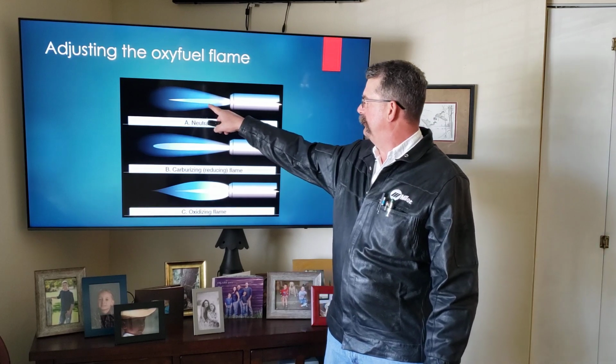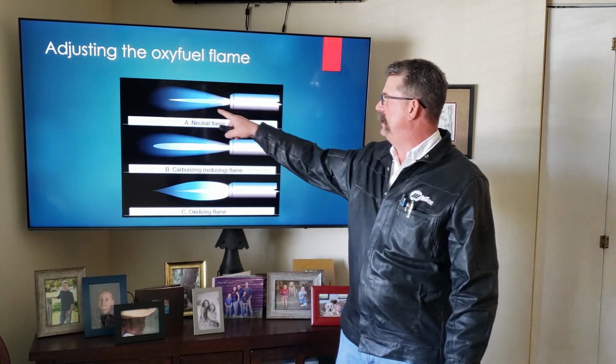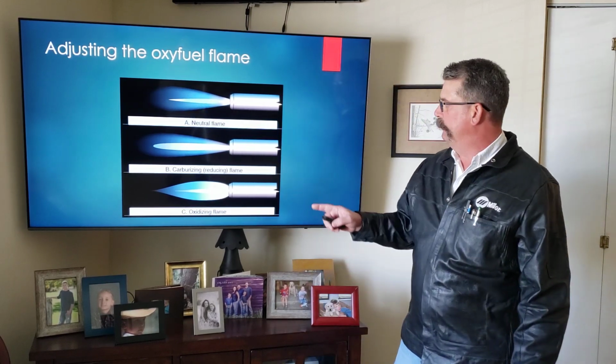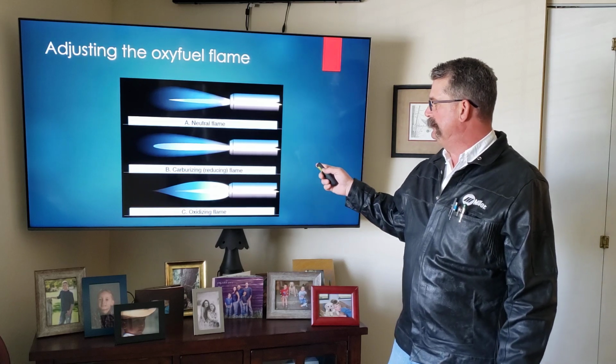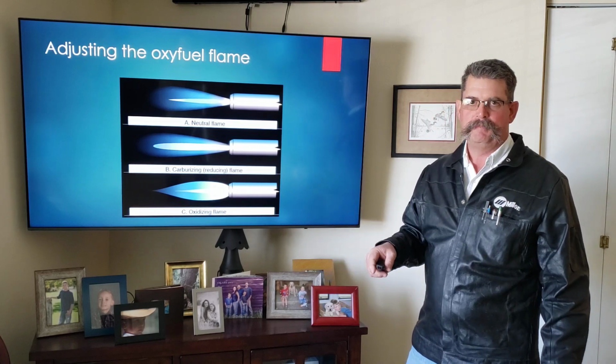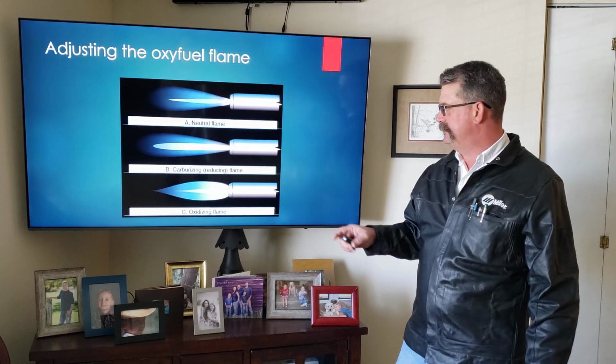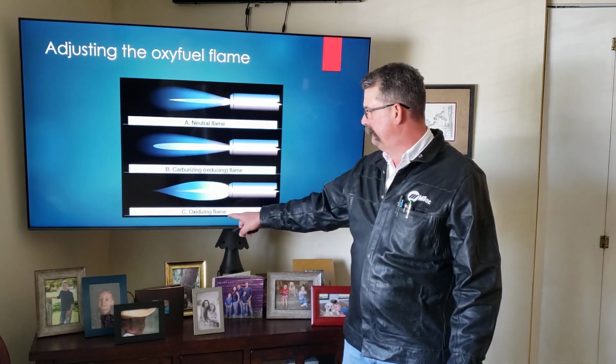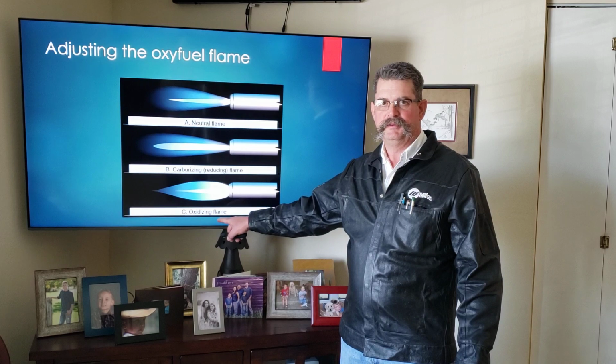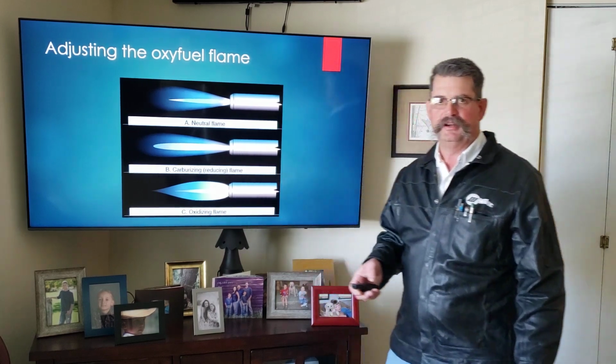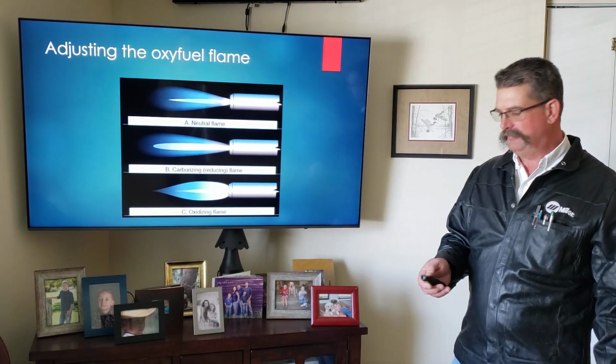This part of the cone or flame is not highly visible when you are adjusting it. If you add too much oxygen into the mixing chamber or the torch, you end up with what's called an oxidizing flame. Again, this flame adjustment is very important in terms of setting up your oxy-fuel equipment.